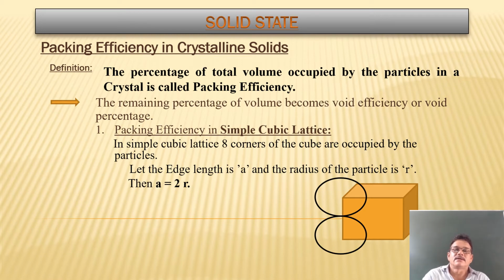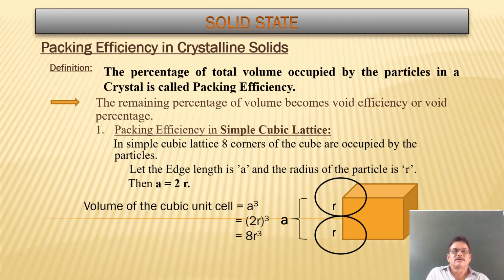Okay. Say these are the two particles at the corners of the cube. So this r is the radius of the above particle and this r is the radius of the below particle. So r plus r, 2r, that becomes equal to edge length a. a is equal to 2r, right?